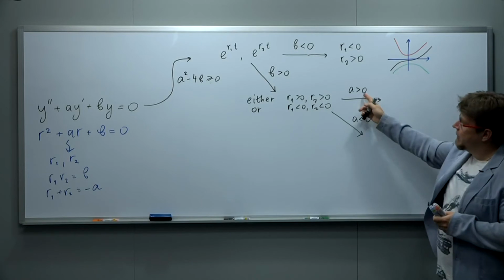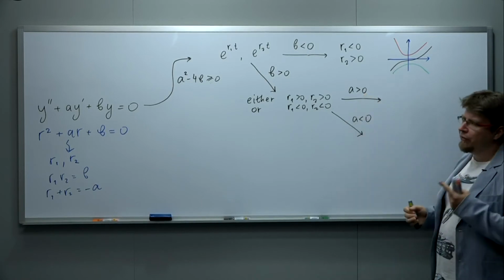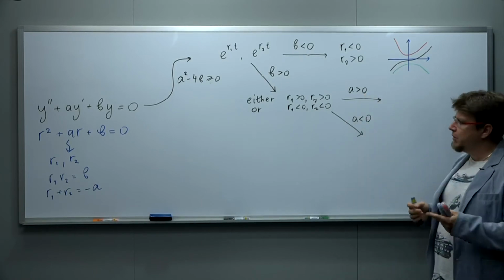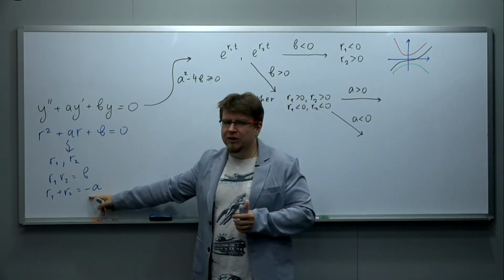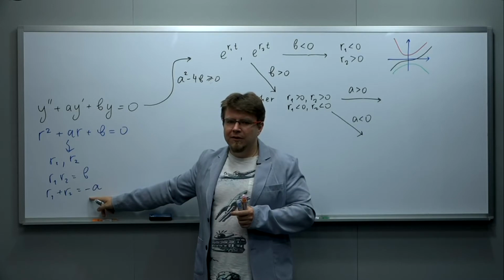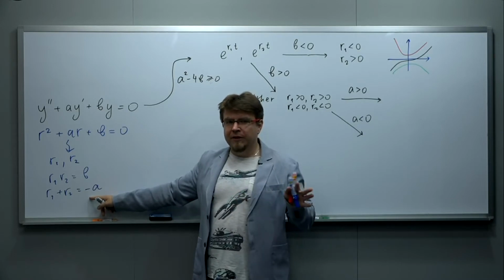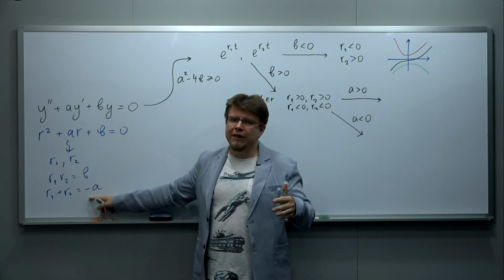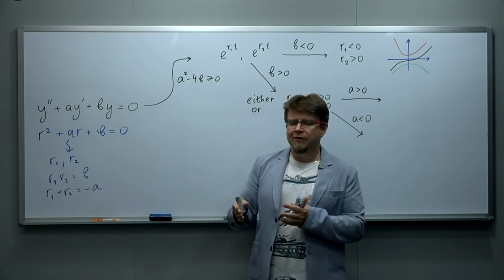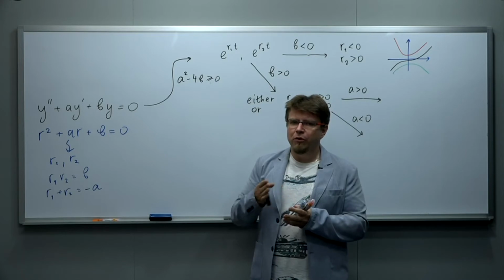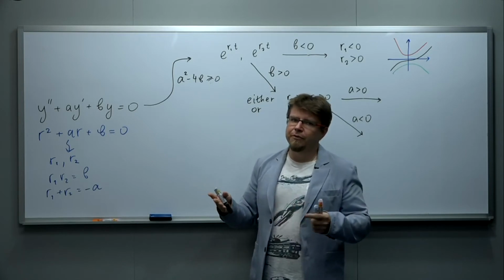If a is positive, we know that the two roots are of the same sign, either both positive or both negative. If a is positive, it means that the sum of the two roots is negative. But if the sum is negative, then both of them have to be negative, because if both of them were positive, the sum would be positive too.